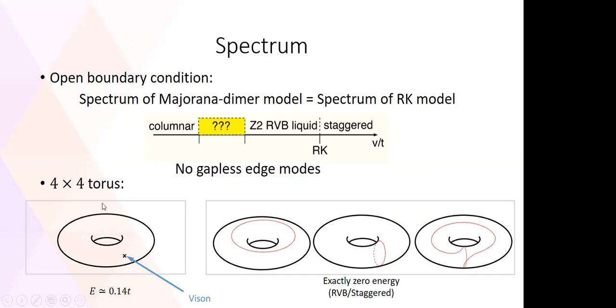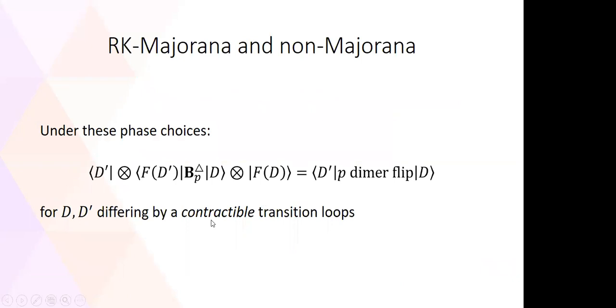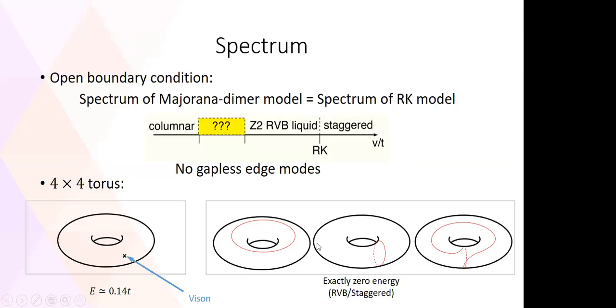find the ground state, and what they found surprisingly is that, again, the ground state of the triangular Majorana RK model at different topological sectors, which are depicted using the red line here, or the absence of a red line here. But it's not the same as looking at the original. No, because the condition for the original was only for contractible transition loops, and in this case you have non-contractible loops.